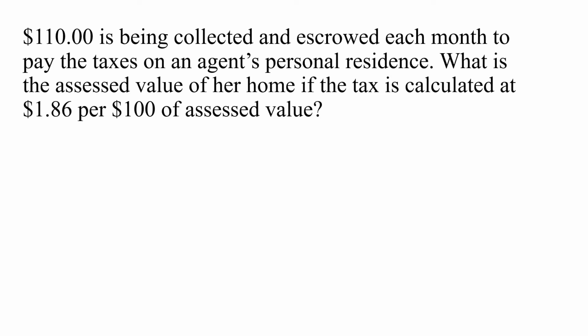$110 is being collected and escrowed each month to pay the taxes on an agent's personal residence. What is the assessed value of her home if the tax is calculated at $1.86 per hundred of assessed value? All right, well, we got an extra step here because we've been starting with annual taxes. We have monthly. So what do we do? 110 times 12 equals 1,320.